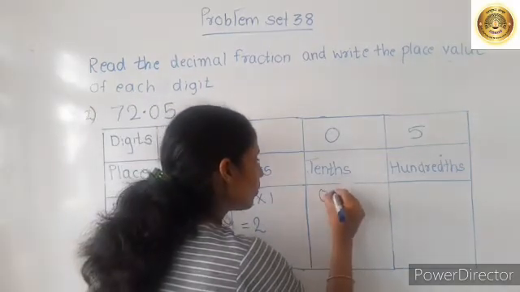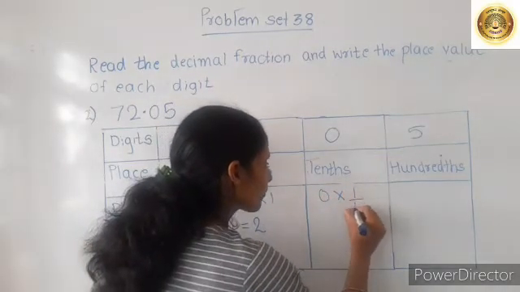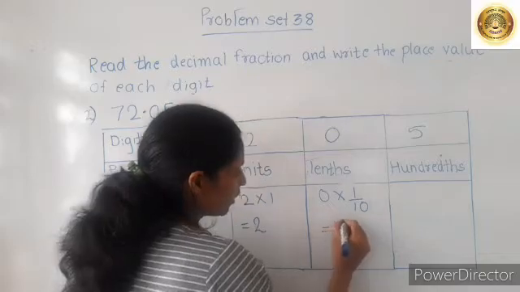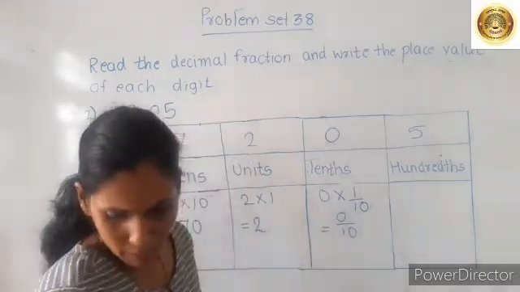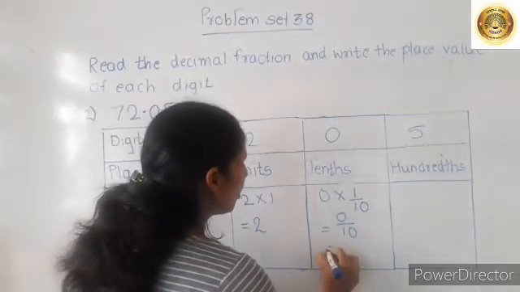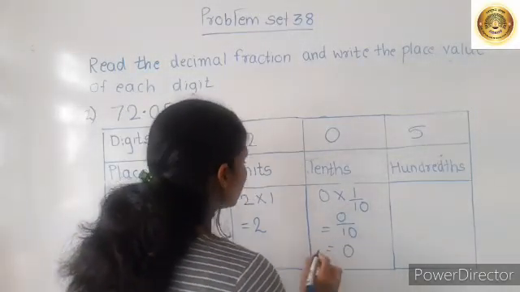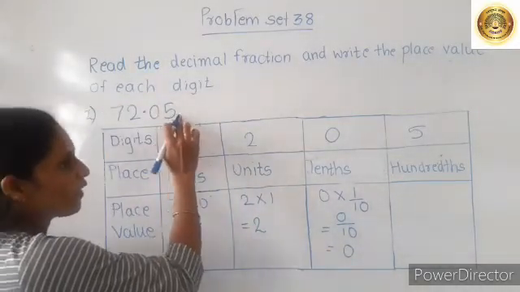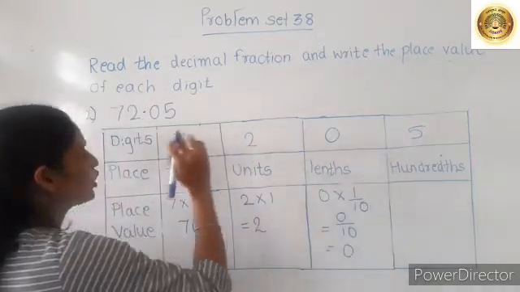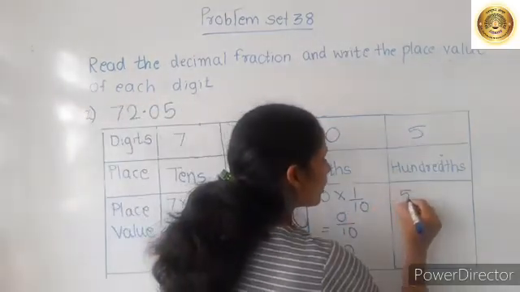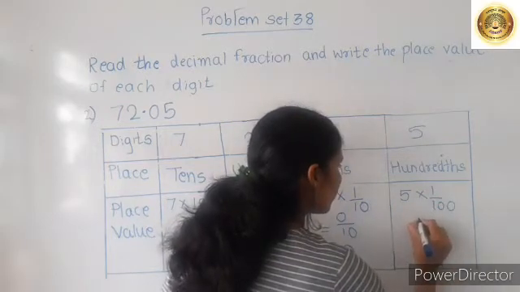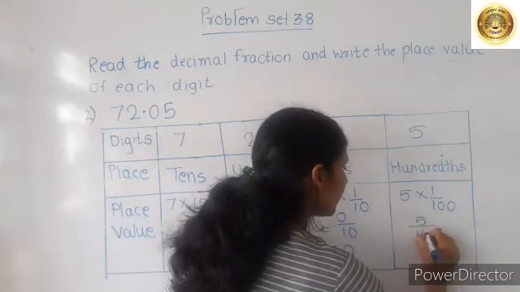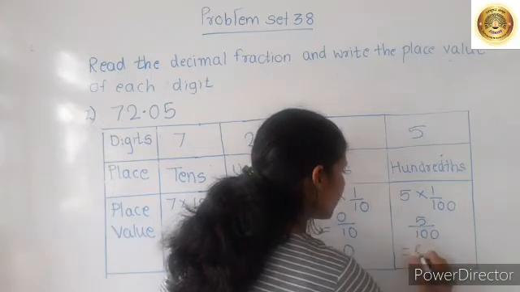So 0 multiplied by 1 upon 10, 0 upon 10. So what will be the place value of 0? It will be 0. Now 5. 5 is in the hundredths place. So 5 into 1 upon 100, that is 5 upon 100. So what is the place value?